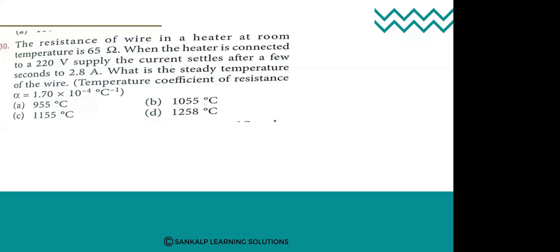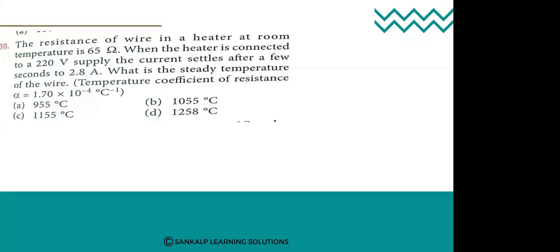So the resistance of the wire in a heater at room temperature means R0 is 65 ohm. When the heater is connected to 220 volt supply, the current settles after a few seconds to 2.8 ampere. So here R0 is given, calculate RT. Calculate RT using voltage and current value. Calculate RT means the resistance at the T temperature using voltage and the current.